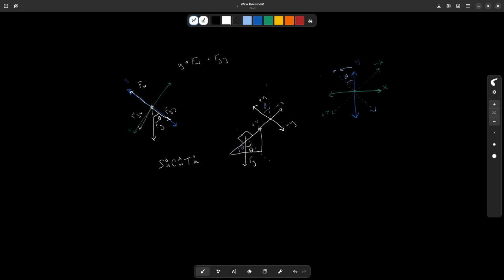But in this case, Fgy is equal to Fg cosine theta, and Fgx is equal to Fg sine theta. This is because the angle is adjacent to the vertical, not adjacent to the horizontal. So remember that what governs it is not that the x direction is cosine and the y direction is sine.